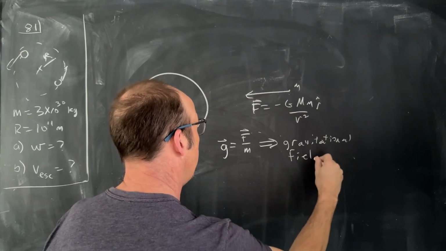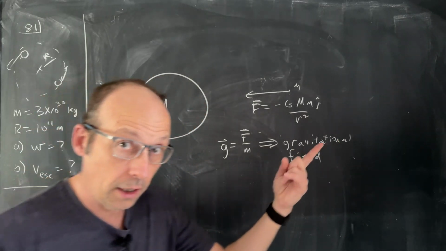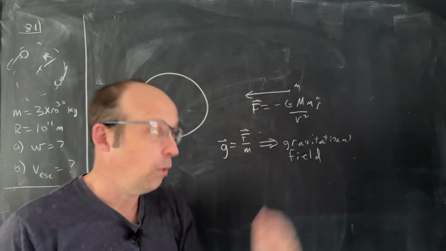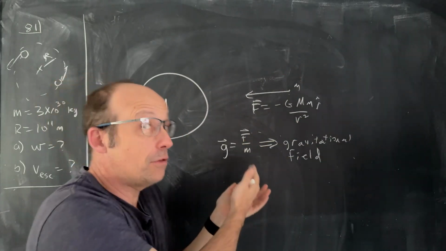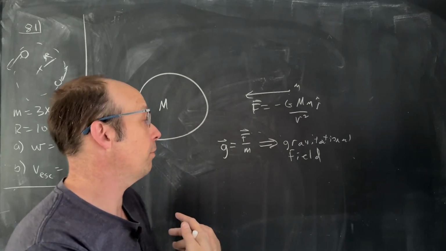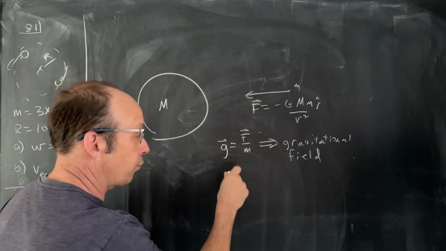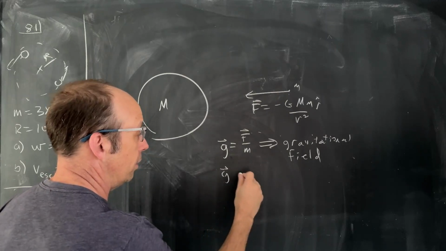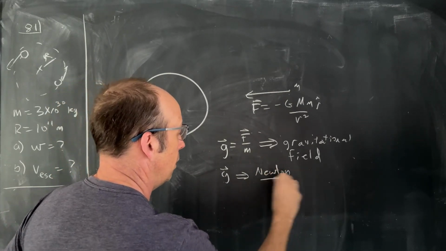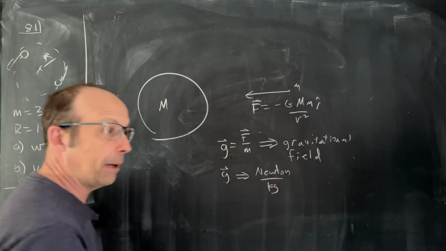And I think it's important to mention that because in later chapters, when you're talking about the electric field, this is basically the same idea. And so it's important to get used to that principle. And so the units for g, the gravitational field, are newtons per kilogram. It's the force per unit mass.